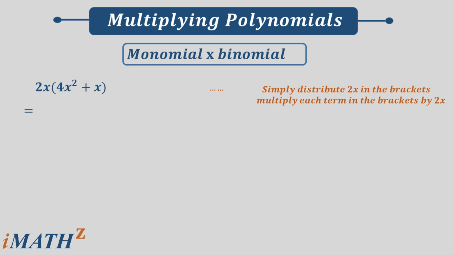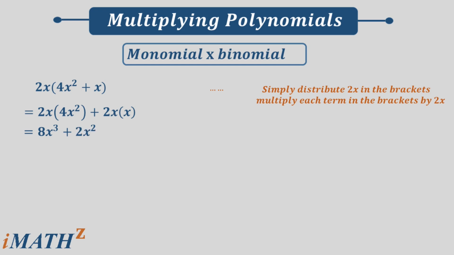First we need to multiply the 4x squared term by 2x, then we need to multiply the x term by 2x. The first term would give us 8x cubed, and the second term would give us 2x squared.